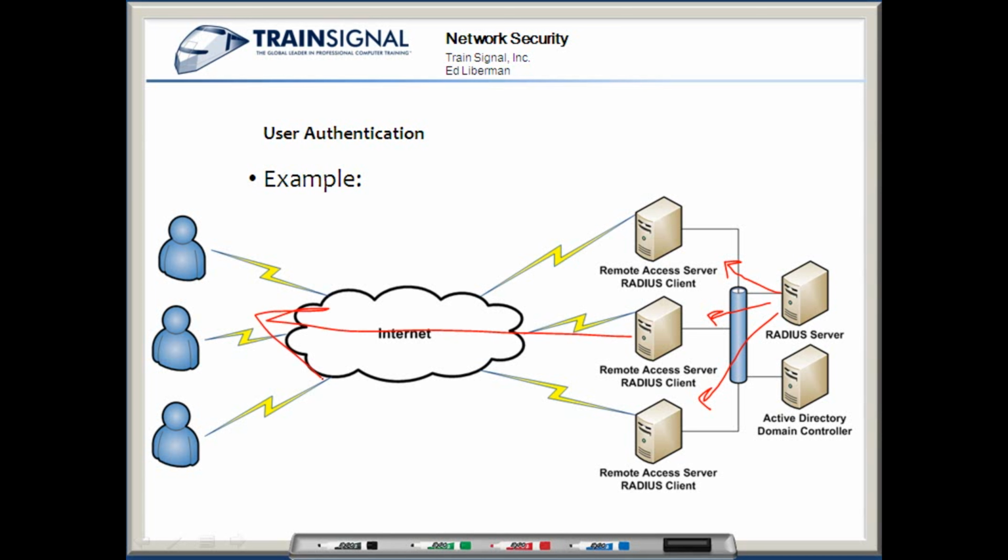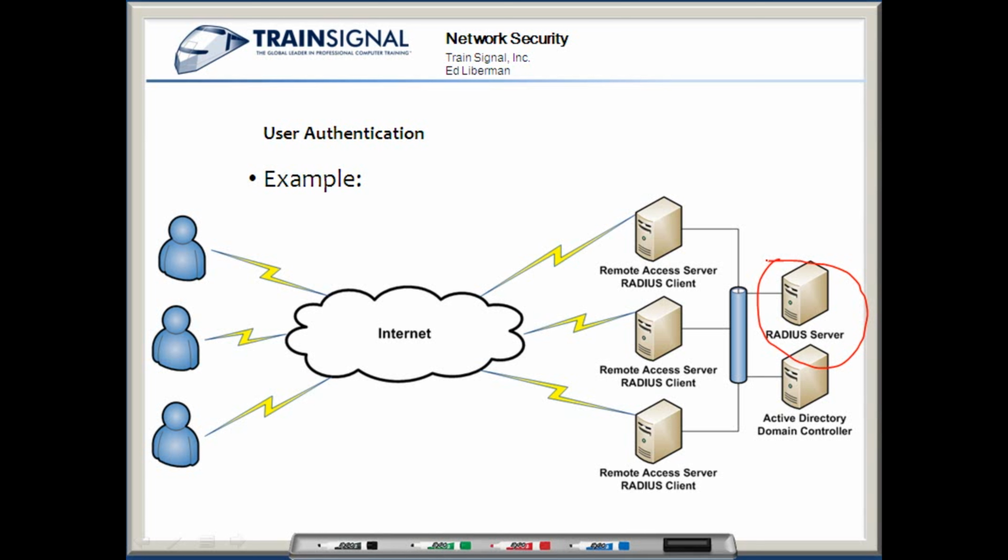Now, another thing that the Radius server can do, along with just being responsible for centralizing rules and centralizing the authentication requests off to Active Directory, is that a Radius server can also be set up to do accounting and to keep a log of who has remotely connected to the network, or who has accessed the network, when did they access, and for how long did they access.